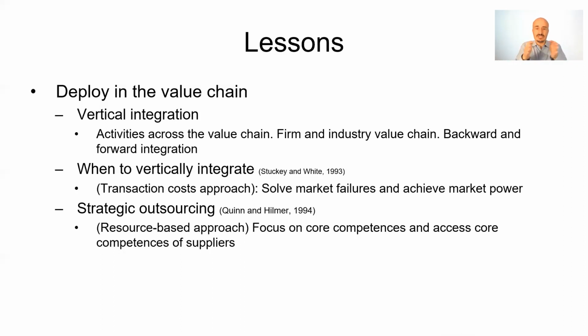How many of those activities do you do in the company? And then within the value chain of the industry, how many of the different segments do you do in the company? All of this is choice. You can concentrate on very few things, or you can try to coordinate a long chain of activities. Think about it, whether you want to go backward or forward, and two different ways of thinking about it.